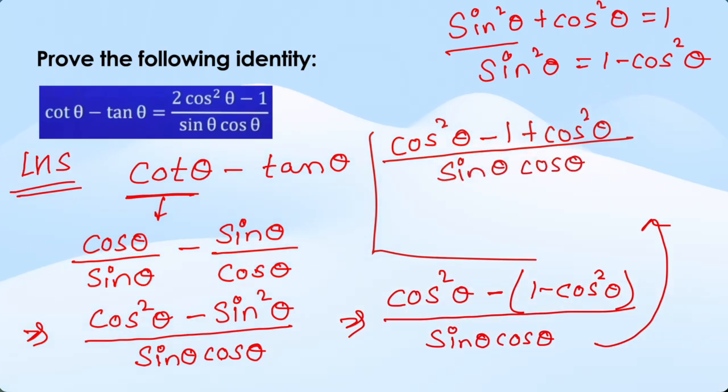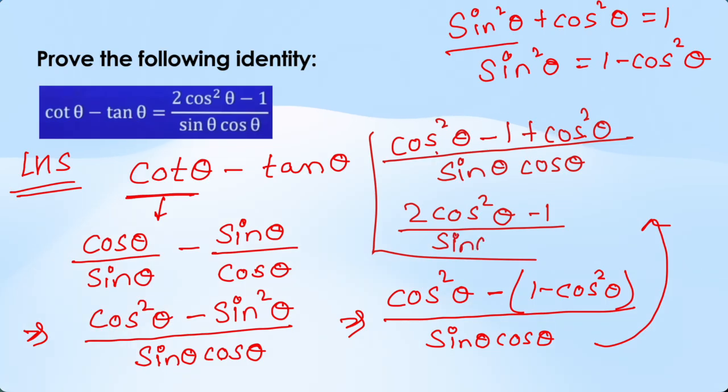Clear? Now see, cos square theta and cos square theta means 2 times cos square theta minus 1 by sine theta cos theta, and that is equals to your RHS. Okay, so here LHS and RHS both are same, means we have proved the identity.